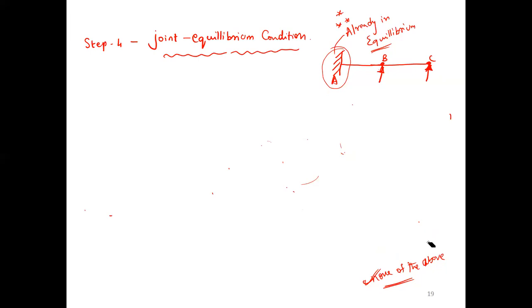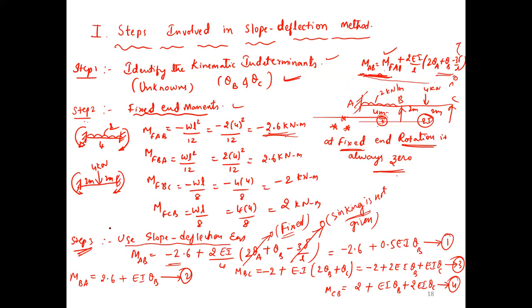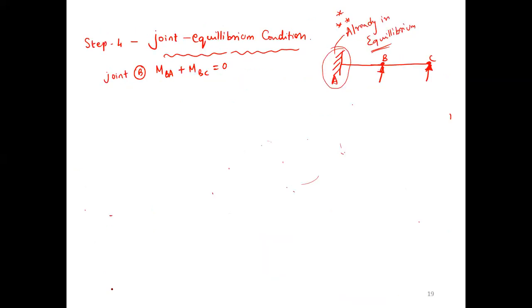MBA, MBC, you know from the previous equation, right? Substitute the value. So at joint A, there is no joint equilibrium condition. Joint B. What is MBA? What is MBA? 2.6 plus EI theta B.